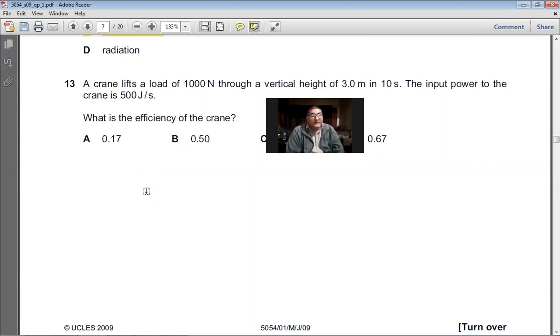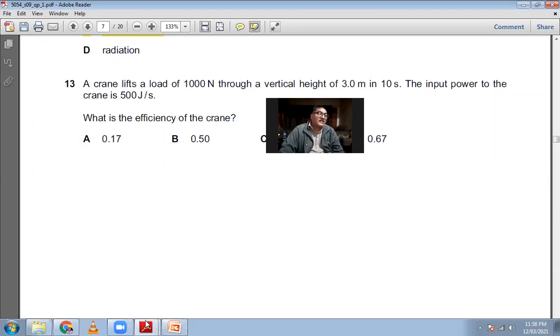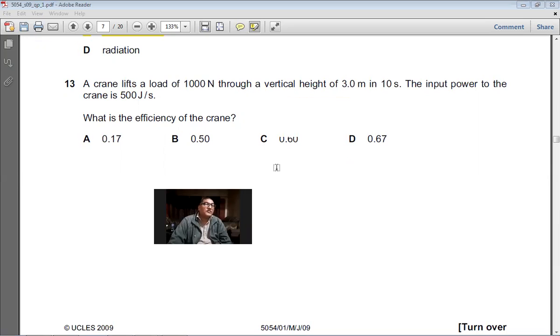The crane lifts a load of 1000 Newton through a vertical height of 3 meters in 10 seconds. The input power to the crane is 500 joules per second. What is the efficiency of the crane? The process is very simple.